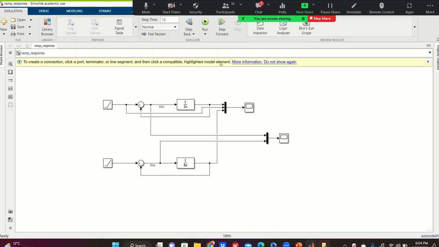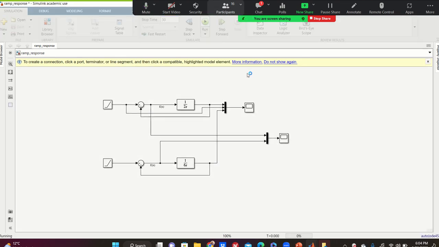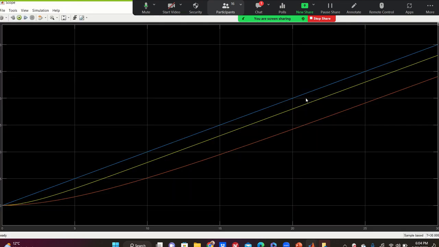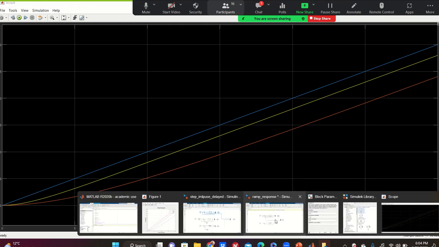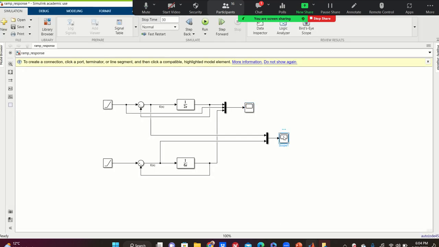Okay. So if I increase this to 30 seconds and I will run it, you see that this is what exactly I plotted. See, 10, here is 4. Okay, so this is like that, and this is the error signal, guys.